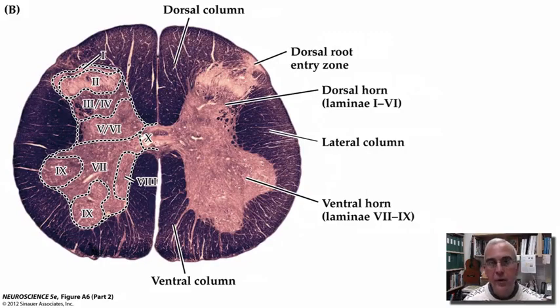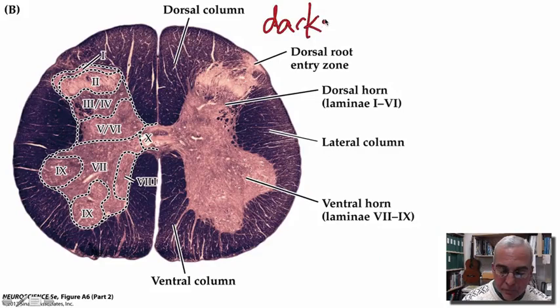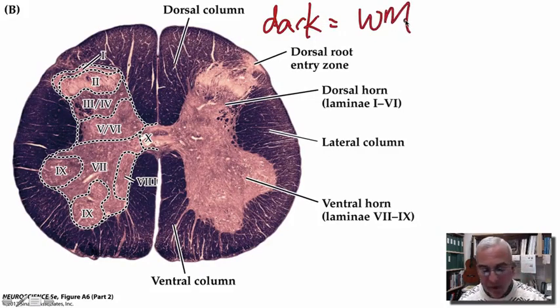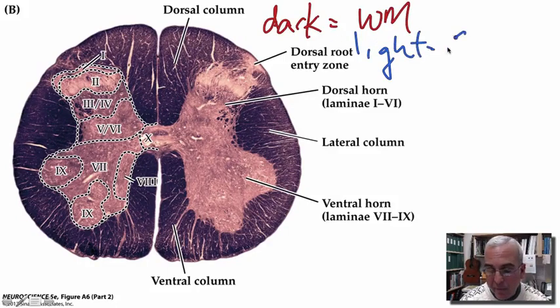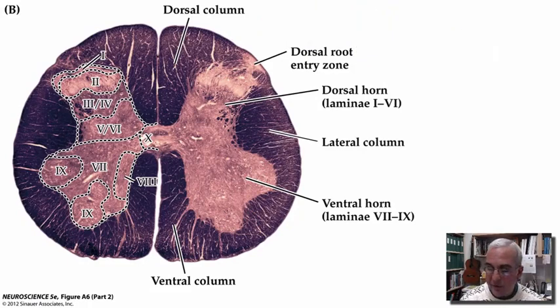So please don't be thrown off by this convention. Essentially, wherever we see dark staining, we are looking at white matter. That means that where we see the lighter stain, that is going to be gray matter. So this is essentially the inverse visual appearance of what we just looked at with the Nissl stain. Okay, I think that should be clear enough.